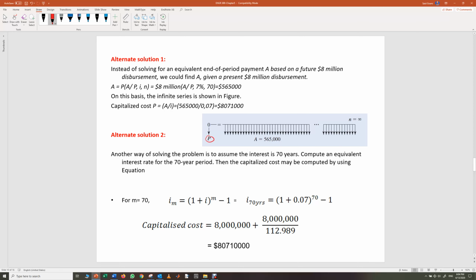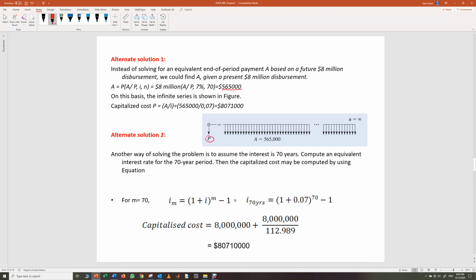Looking for A given P, i percent, N years. So 8 million, which is the first amount. A, looking for A given P, 7%, 70 years. So I get $565,000. So on this basis, the infinite series is shown in the figure.